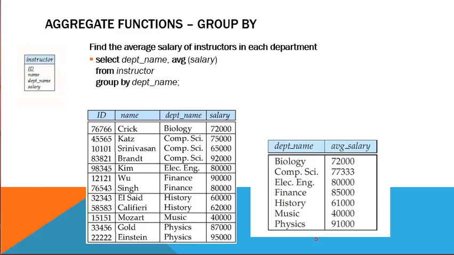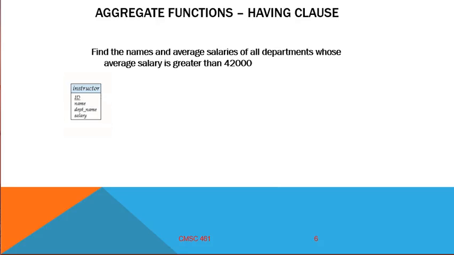So we want to filter on this final result table we see on the right, and we use something called the having clause to do that. And the having clause is similar in its function to the where clause. The where clause acts on individual values in a table. The having clause works on aggregated values in a group by result.